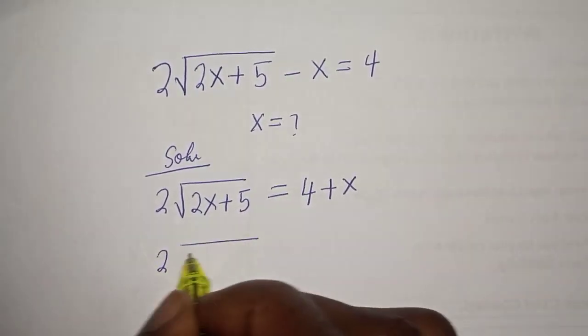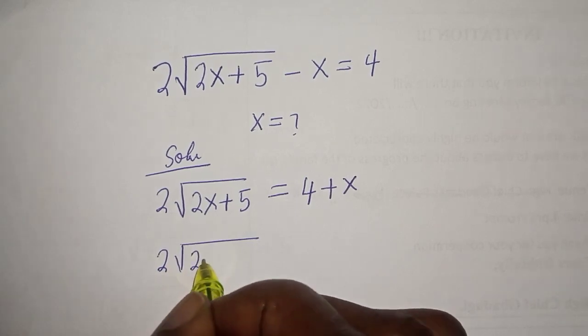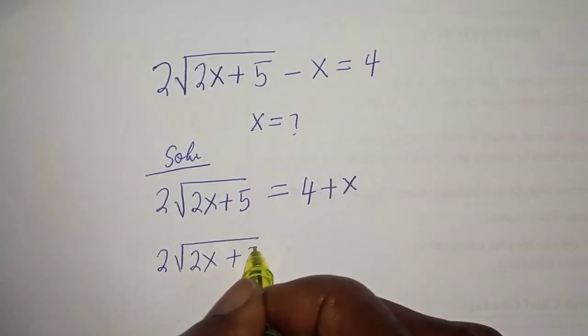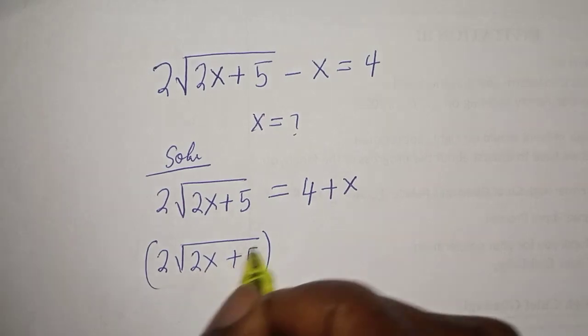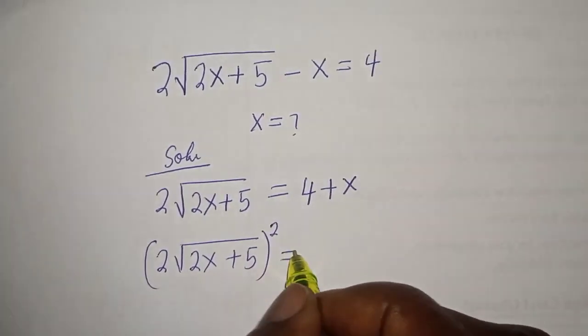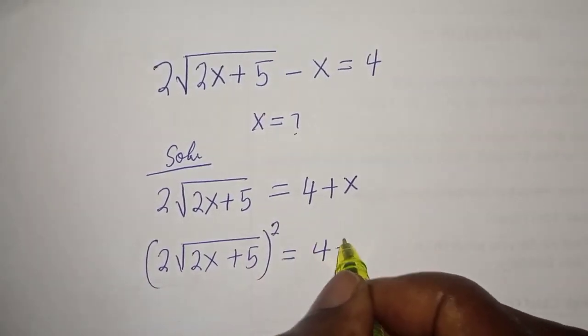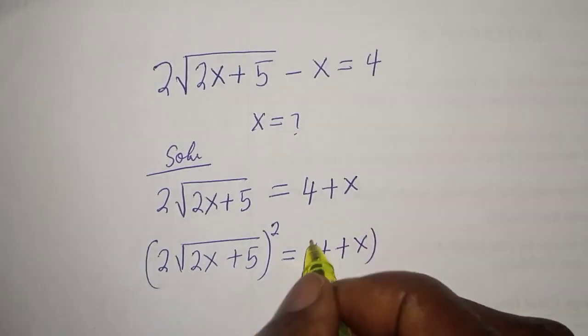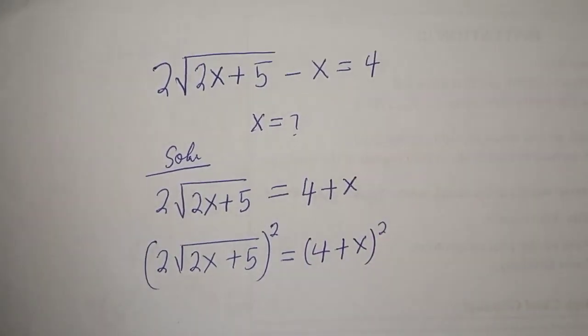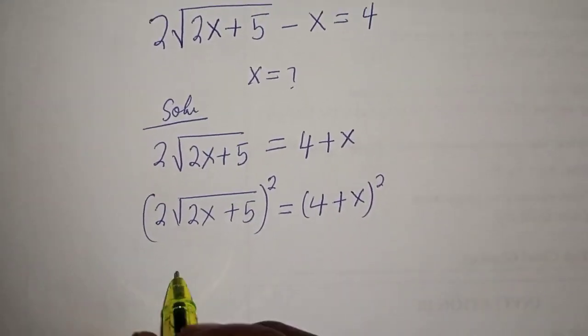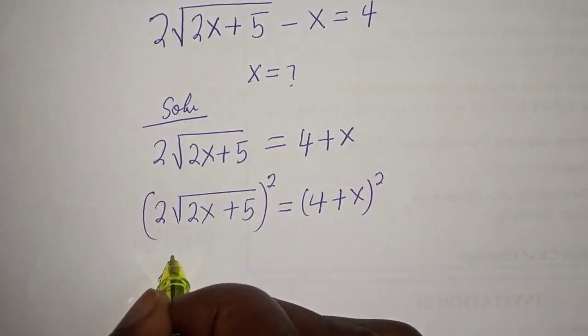2 square root of 2x plus 5, all squared, is equal to 4 plus x, all squared. And this is 2 squared.